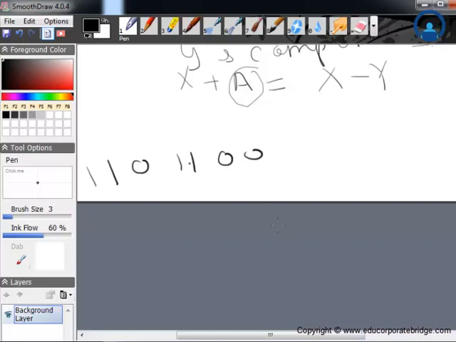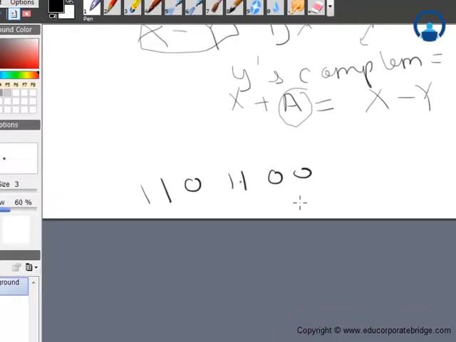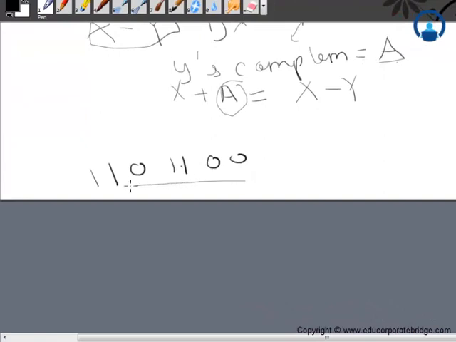As the procedure says, first we go from right to left. Since the first bit is 0, we write it as 0. The second bit is 0, again we write it as 0. Now we come to this 1. The moment we find the 1 after the zeros, we write it as 1. That is, initially zeros remain unchanged till we find 1.